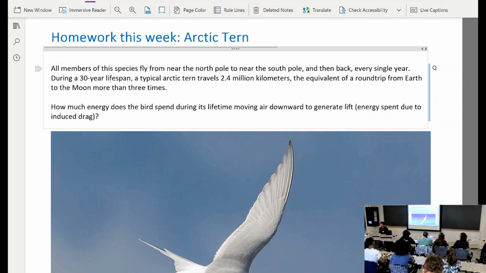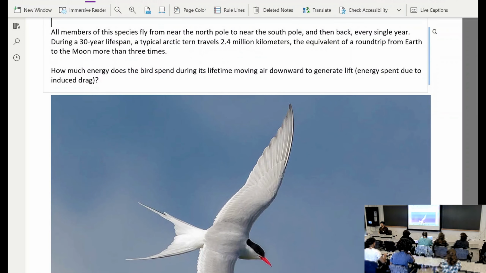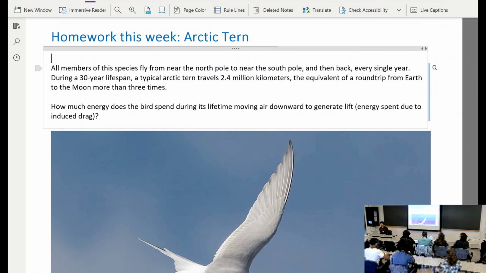So basically, looking at one of the birds that is very remarkable. It flies basically around the globe many times throughout its lifespan, and we're going to look into the design of this bird to figure out how much lift it is generating and how much energy it spends over the entire lifetime overcoming induced drag.